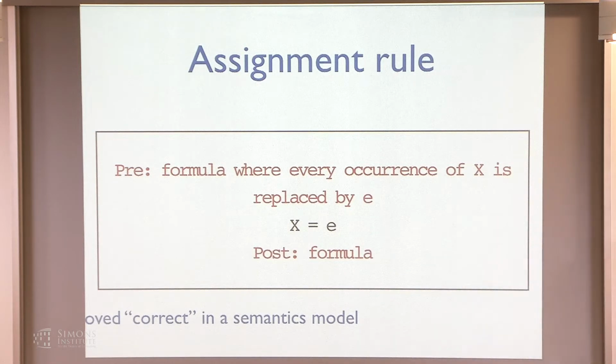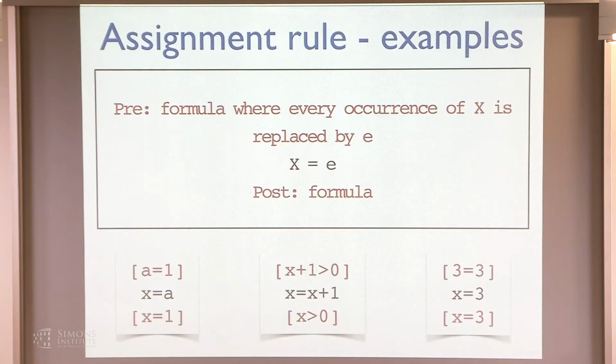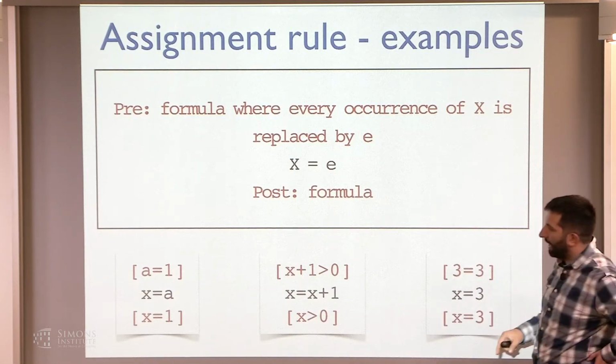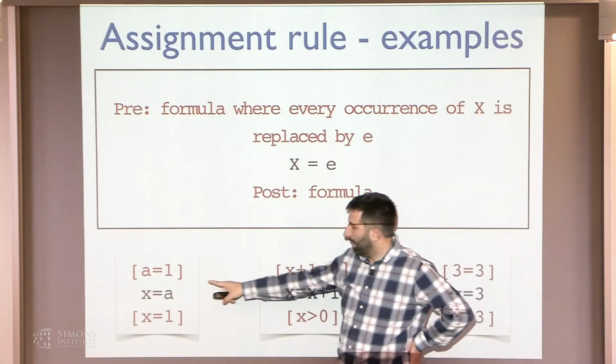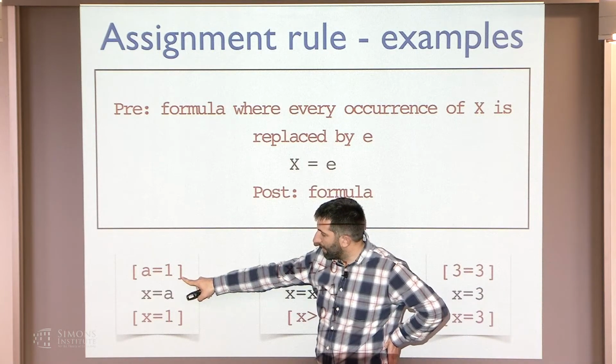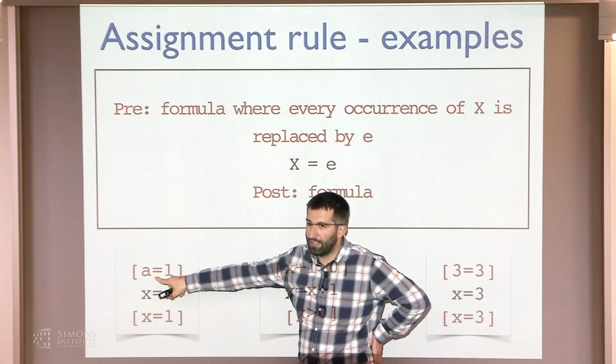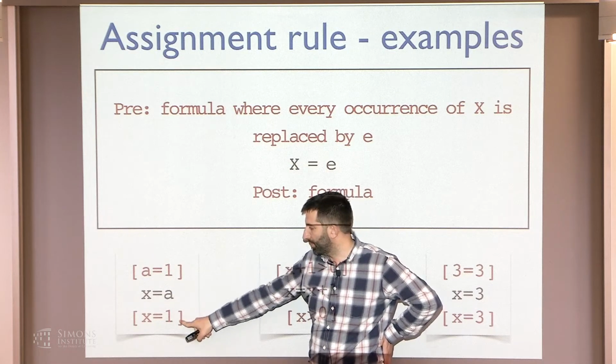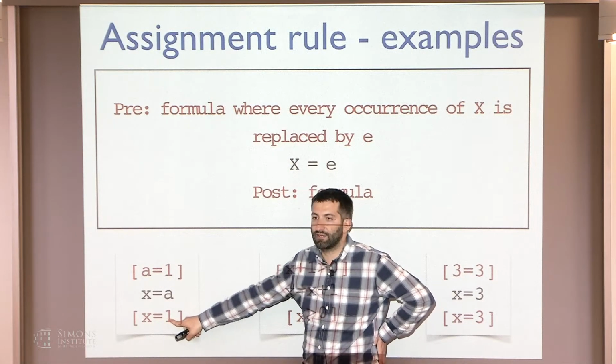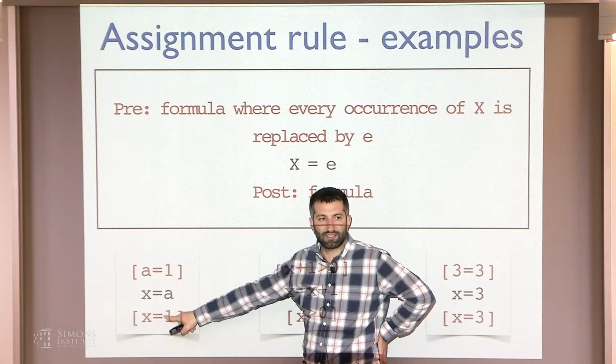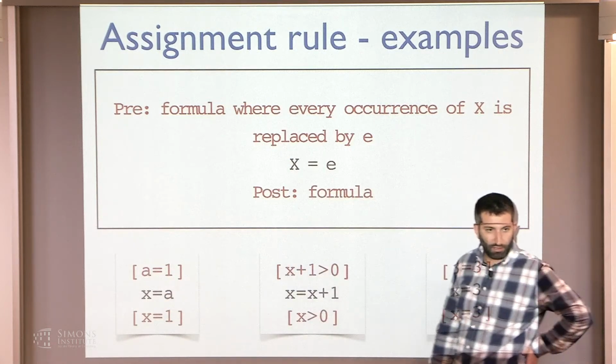Let me show you some examples that maybe clarify what I mean. So for instance, I can prove from A is equal to Y, I can push it forward and say that X is equal to Y, because X inherits the property of A.